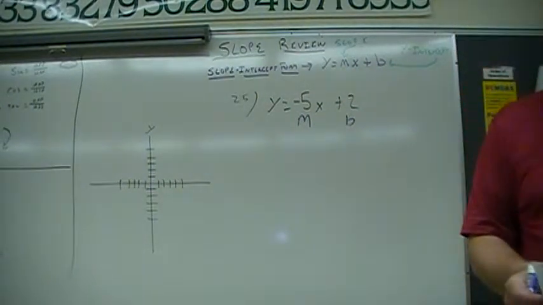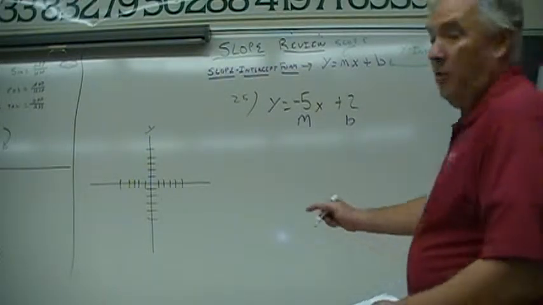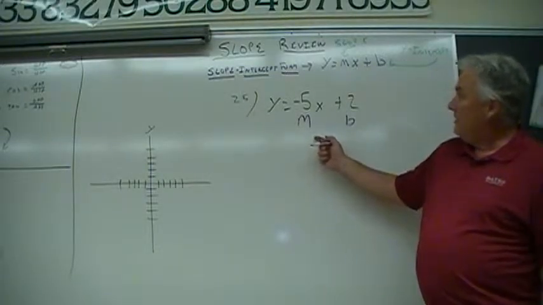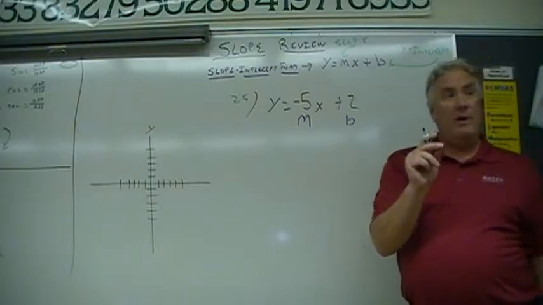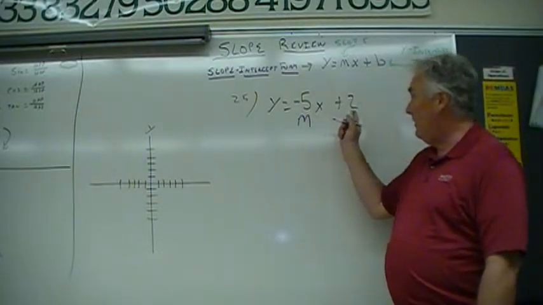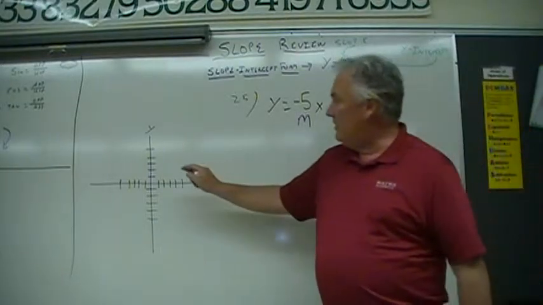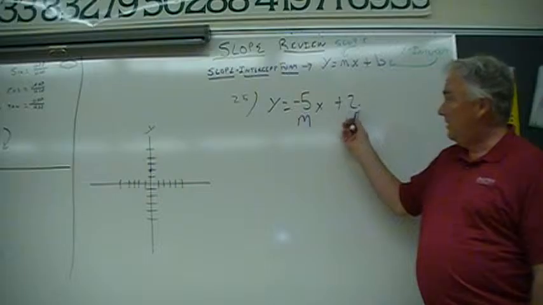And so how would that look on the coordinate plane? So there's a couple ways that we could do this. Here's one of the ways. This is where it crosses the y-intercept. So there's a point, positive 2.